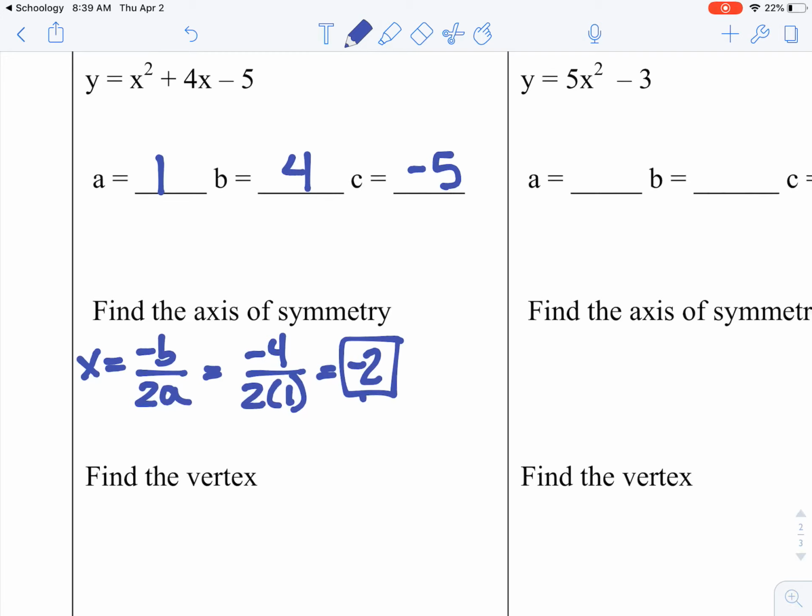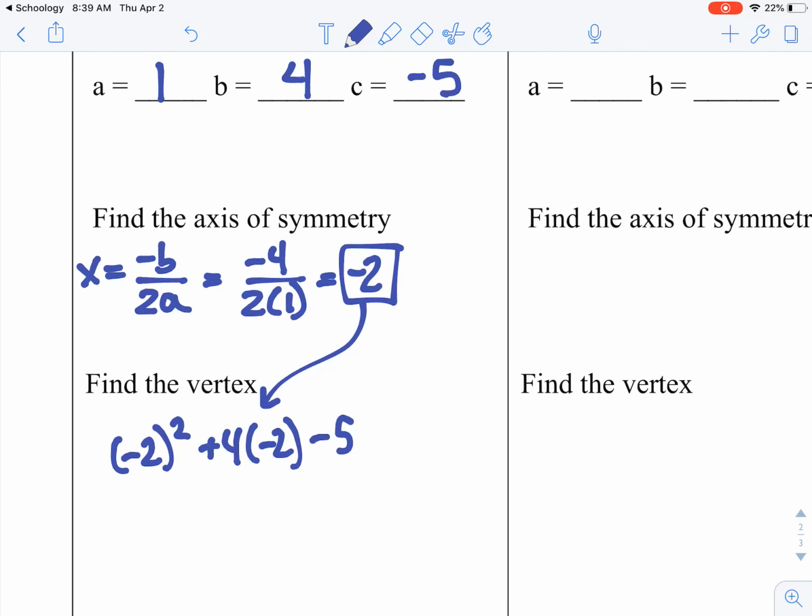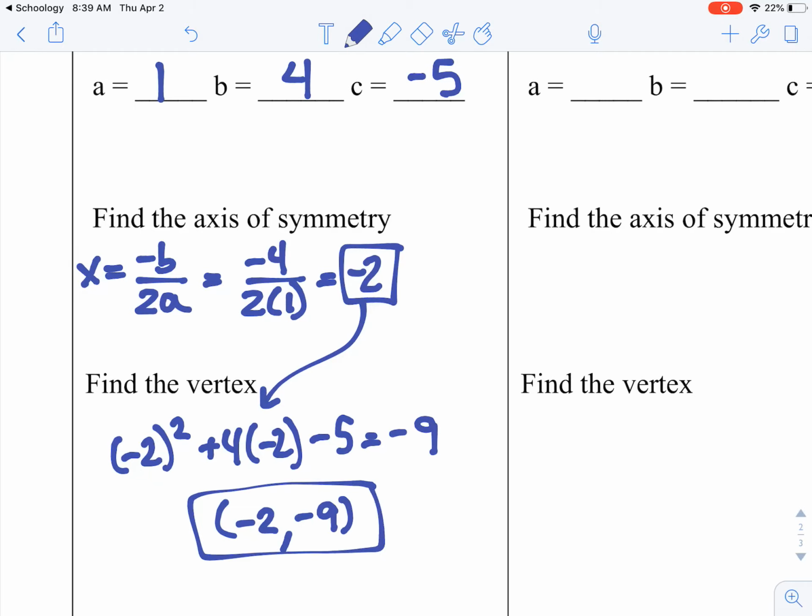I'm going to use that number in my original equation. Plug that in my calculator. Again, this is great practice for you to pause the video and plug that in your calculator. We get negative 9. So my vertex is negative 2, negative 9.